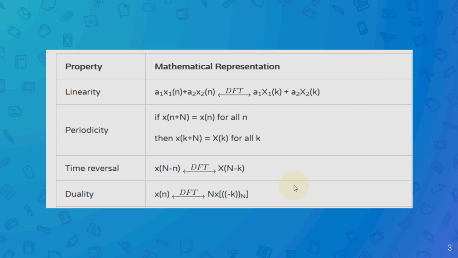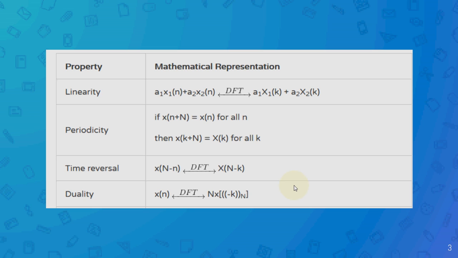Periodicity: if your signal x of n repeats itself after the interval N, that is x of n plus N is equal to x of n for all n, then the transformed signal X of k plus N is equal to X of k for all k. So if the input signal is periodic, then the DFT signal is also periodic.